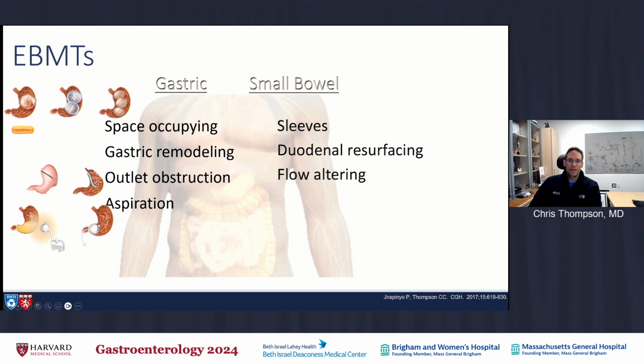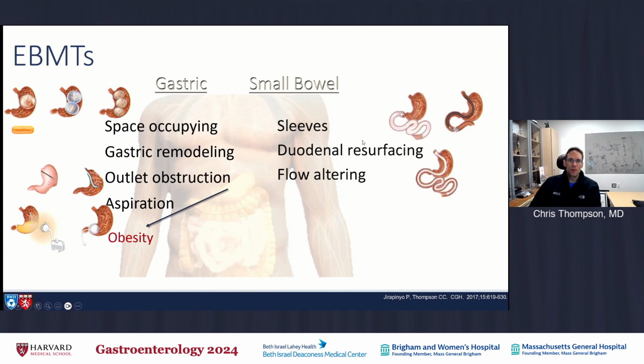There are devices that obstruct the gastric outlet a little bit, and now procedures targeting that as well. And there are aspiration therapy devices. These devices focus primarily on weight loss, first and foremost. They treat obesity, and they do have secondary effects on metabolic conditions or comorbidities associated with obesity.